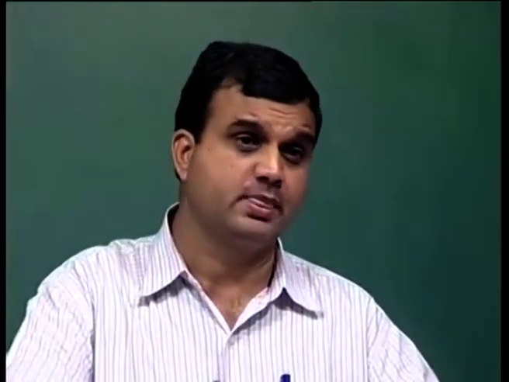So, today we will use all that information which we talked about in the last class and we will go a step further. We will start with a transfer function which will be essentially a combination of poles and zeros, and for this transfer function we will construct a Bode magnitude plot and a Bode phase plot.